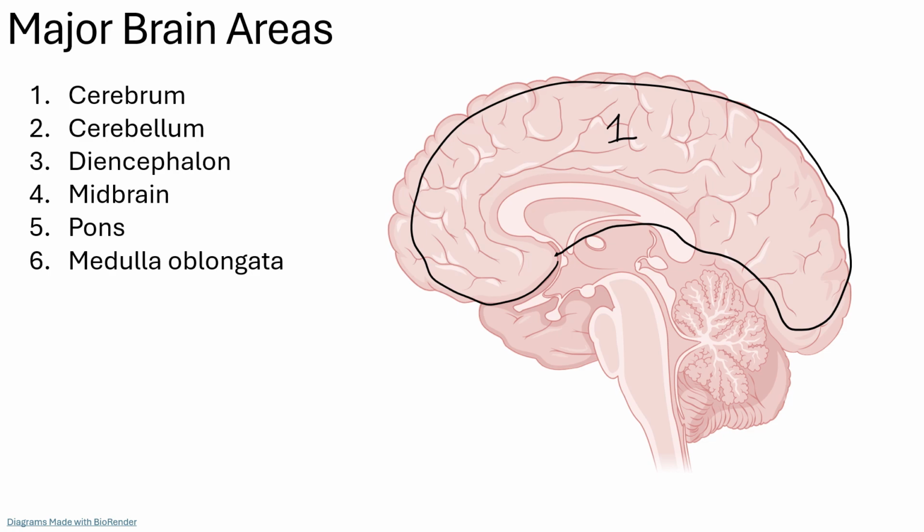The cerebellum is the little brain, which is caudal and ventral on the brain, or at the back and below the cerebrum. Sometimes when I get tired in class, I will mix the two words cerebrum and cerebellum up. So if you're studying when you're tired, just be sure that you're not doing that.